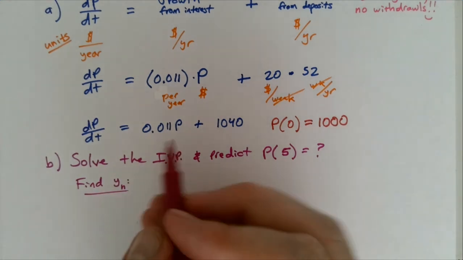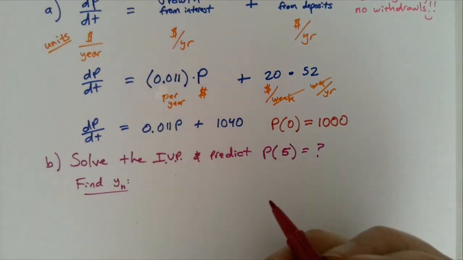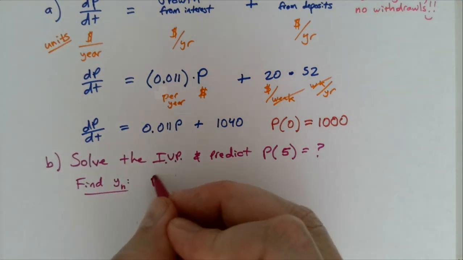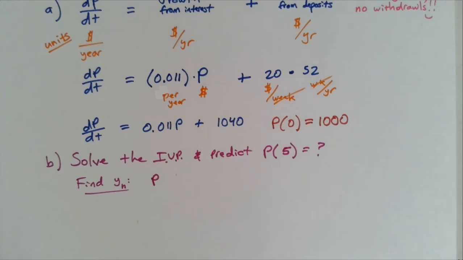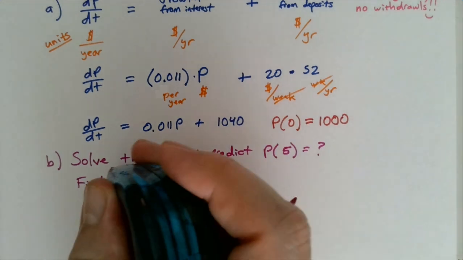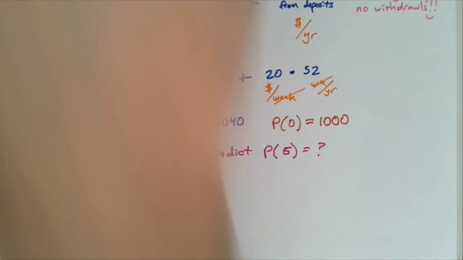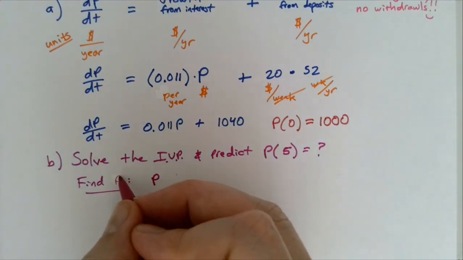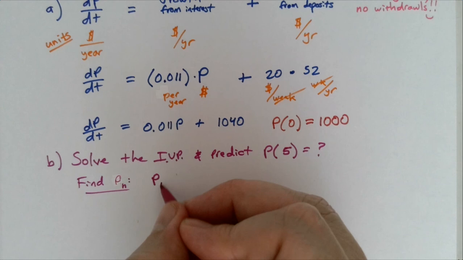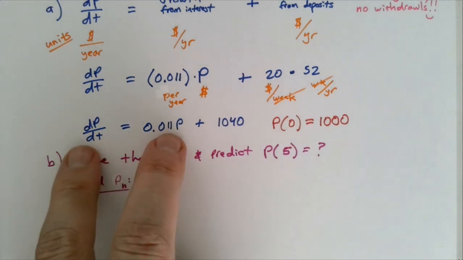And so we take that first chunk of it and find y sub h. In this case, it's not y sub h, it's p sub h, sorry, because we're talking in terms of p. So p sub h in this case is the solution to that differential equation, right?